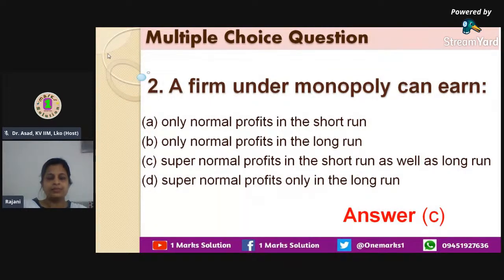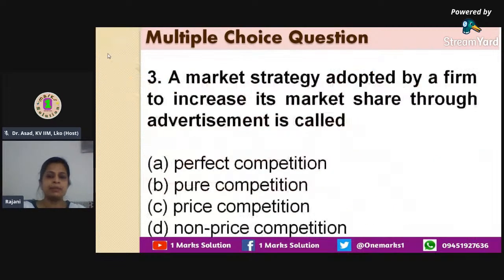Next one: a market strategy adopted by a firm to increase its market share through advertisement is called. Advertisement cost is actually the selling cost, which a firm can spend to increase the demand of its product.